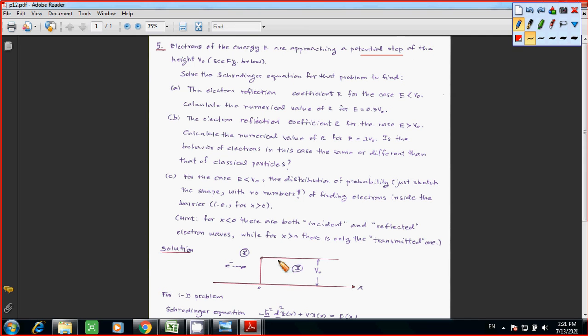Use the Schrödinger equation for that problem to find the electron reflection coefficient R for the case E less than V0, where E is the electron energy and V0 is the potential. Also calculate the numerical value of R, the reflection coefficient, for energy equal to 0.5 V0. So this one is E less than V0.